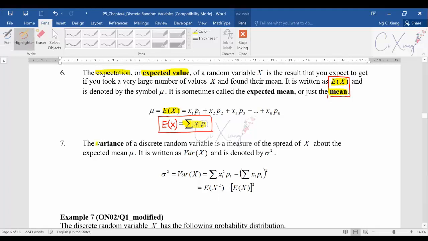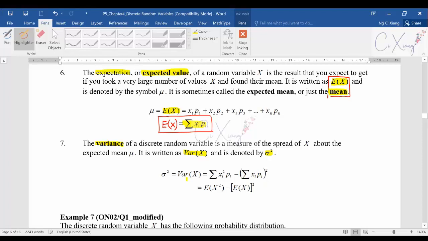To get the variance, the special symbol is Var(X), which is the variance of X. You can also write it as the variance symbol that you learned before. The formula is the summation of X squared multiplied with P, minus the square of the summation of XP.